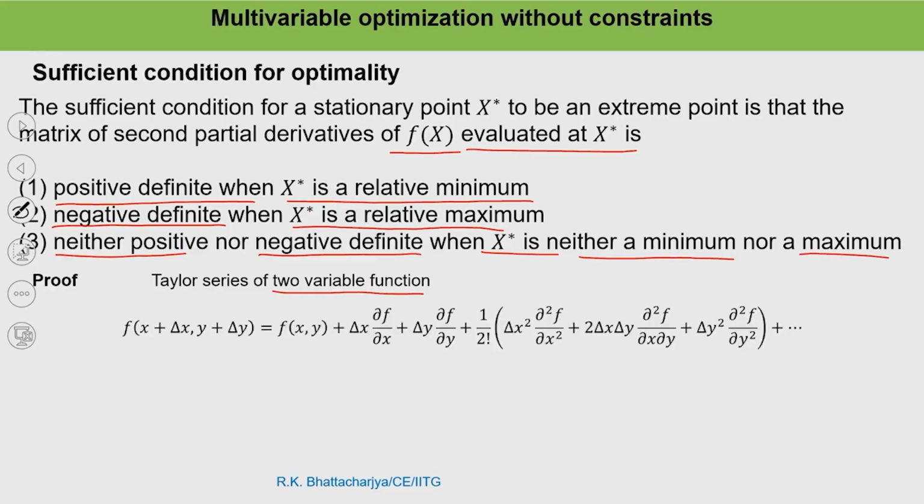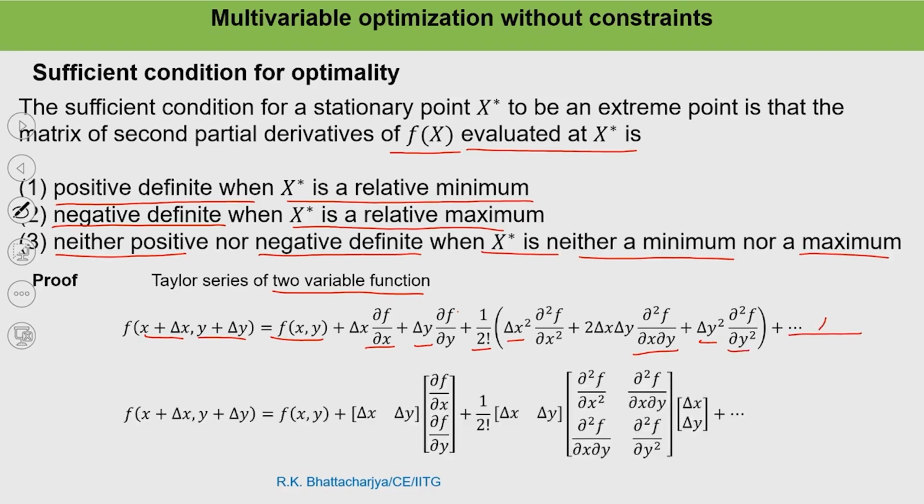So, I can write f of x plus delta x, y plus delta y as f of x y plus delta x del f by del x plus delta y del f by del y, then 1 by factorial 2 within bracket delta x square del square f by del x square plus twice delta x delta y del square f by del x del y plus delta y square del square f by del y square. I am not considering the higher order derivatives.